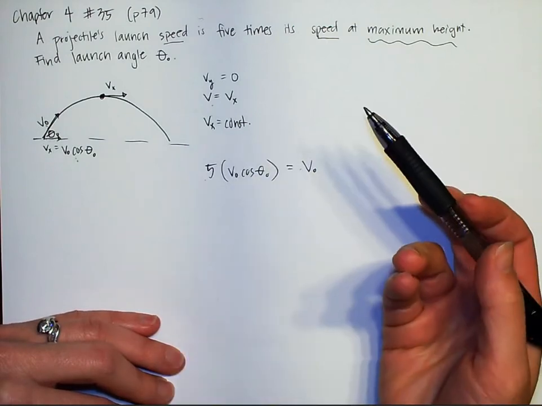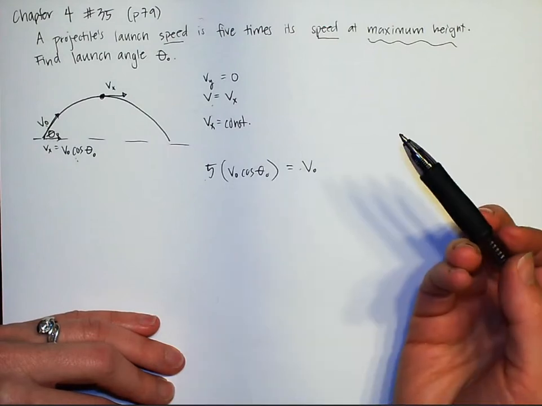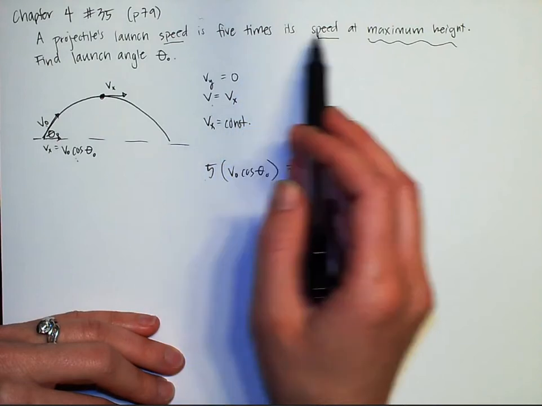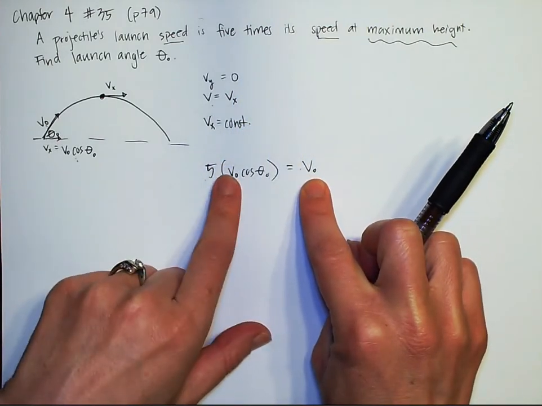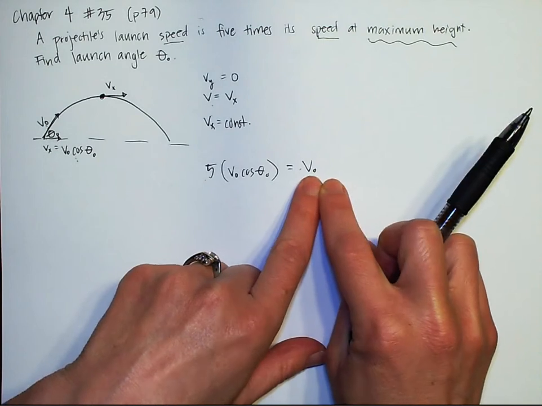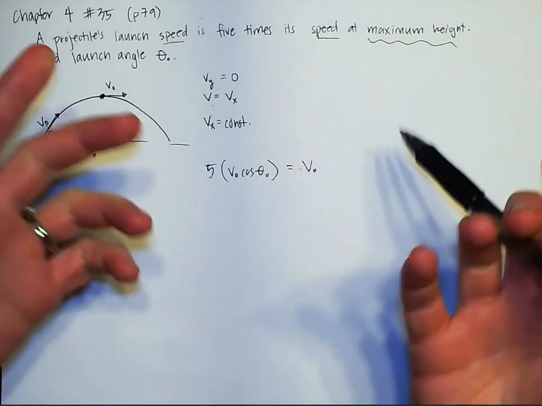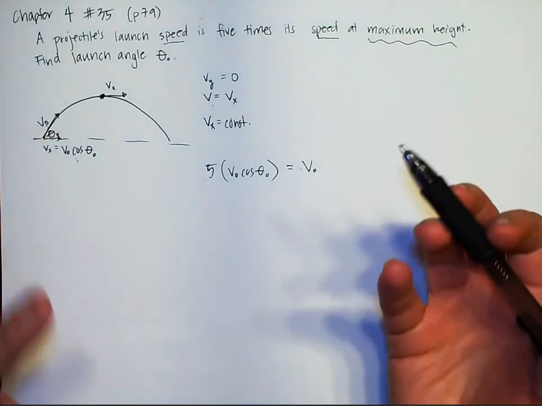But what I do sometimes to make sure I know what I'm doing is to just plug in some numbers and make sure that it makes sense to you, because we know that the launch speed is 5 times the speed at maximum height. So if this is 5 times that, then if we imagine that's 5 and this is 1, 5 equals 5 times 1. So that works out. Some of you, I'm sure, can just do this straight away, but if that helps, then great.